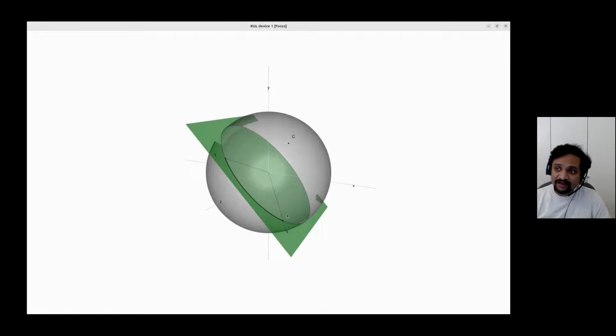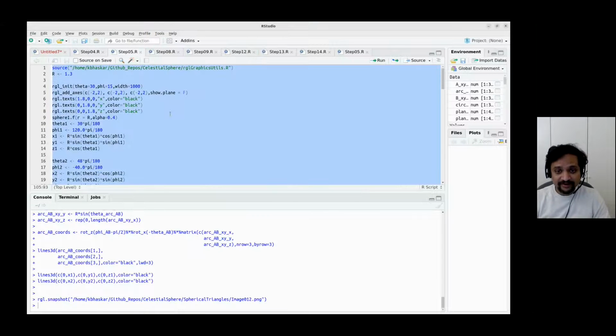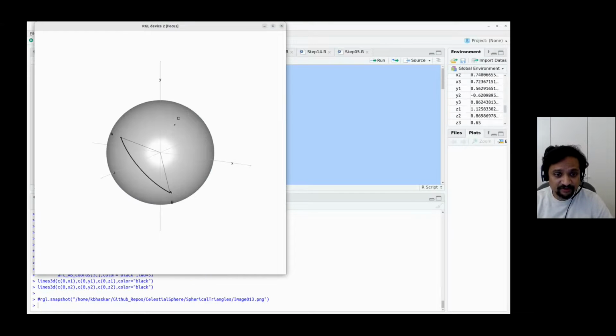So this arc AB would then be the first great circle, would be one of the sides of the spherical triangle.